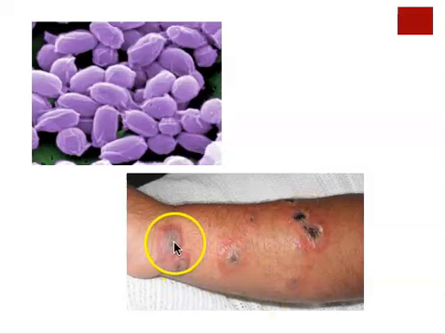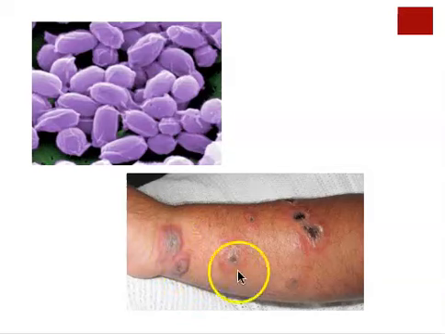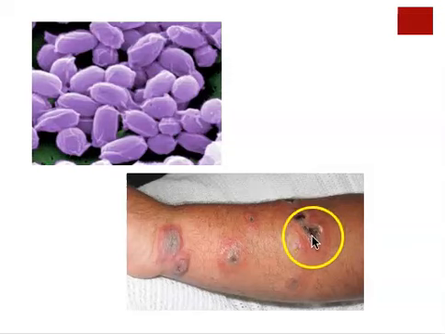Anthrax has a very characteristic look. We refer to these as eschars, these black sort of scabby looking regions. This is very characteristic of anthrax. Now, we don't see a lot of anthrax under normal conditions, but occasionally cases pop up.